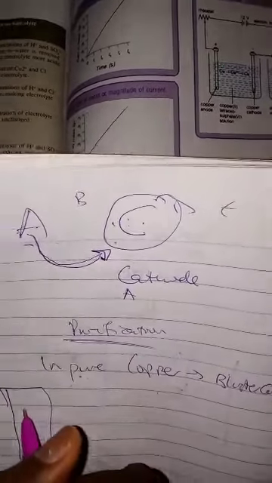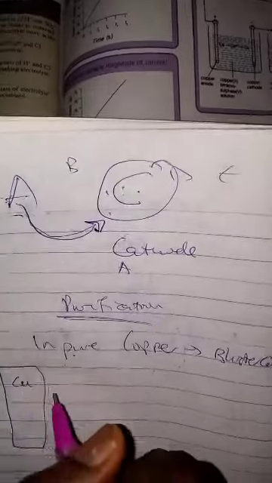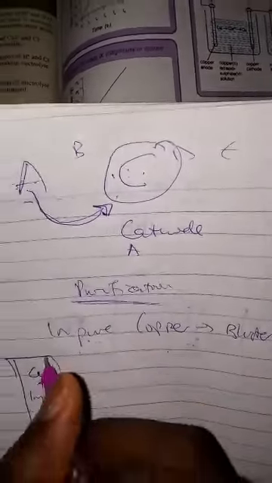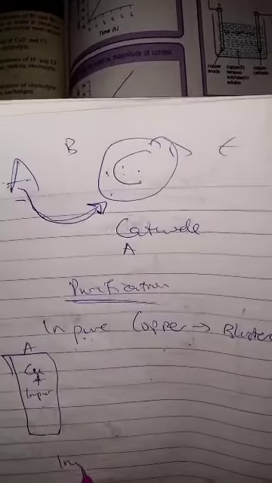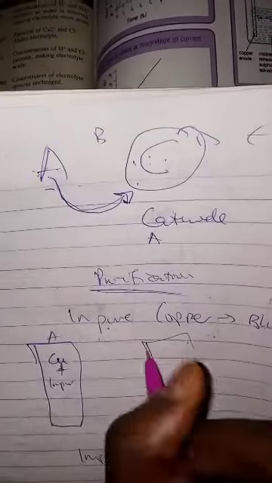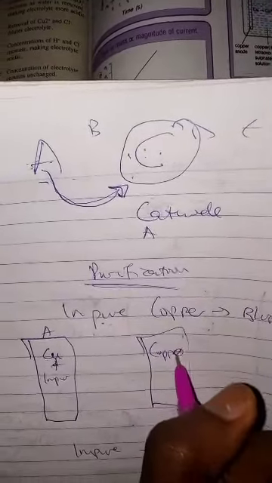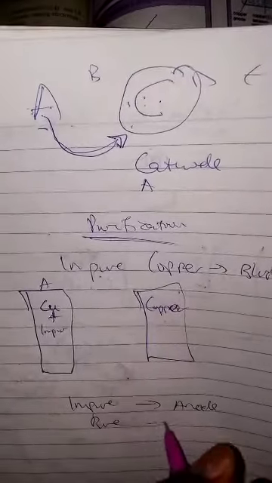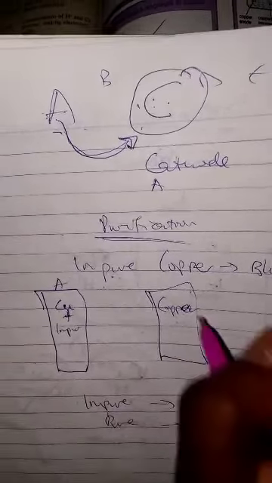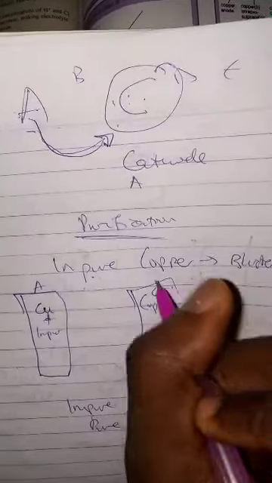That means it has copper plus many impurities. So you make it your anode. Your impure copper will be the anode. Then you make your pure copper the cathode.